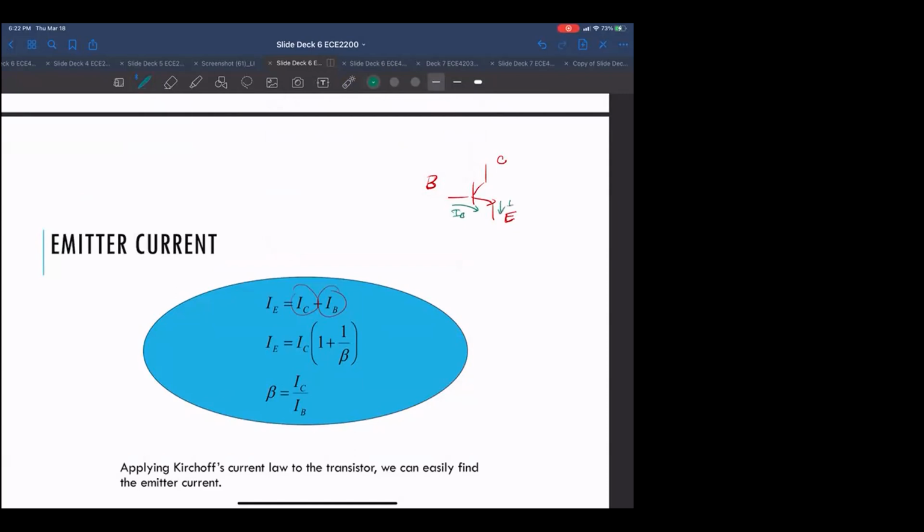This is the emitter current. And this is the collector current. Actually, the base current's really flowing out, so let me actually draw it that way. Because the emitter current is really a whole current. So emitter current is the collector current minus the base current.